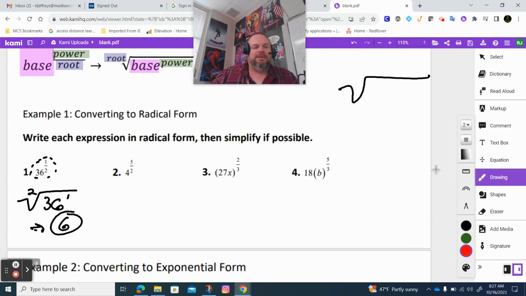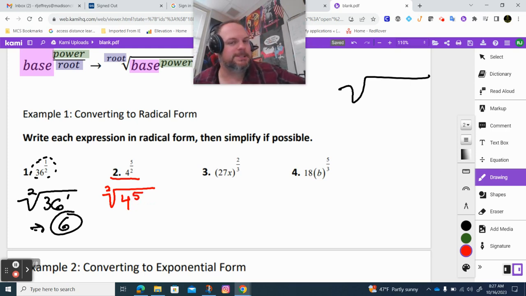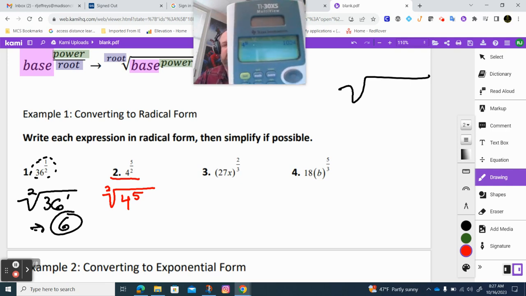All right, number 2. The root is 2, so that goes in the gutter. Our base is 4. The power is 5. So 4 to the 5th power is this.